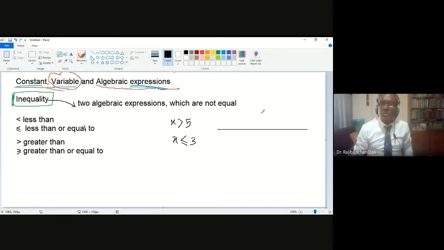That is called the real number line. So real number line means just a straight line. In the straight line, there is a position for 0. And in the right side, it is 1.